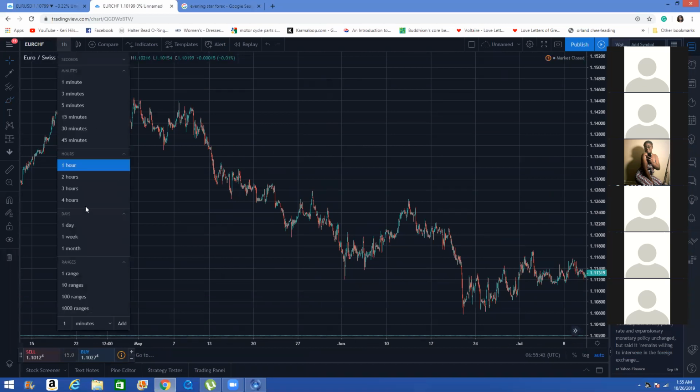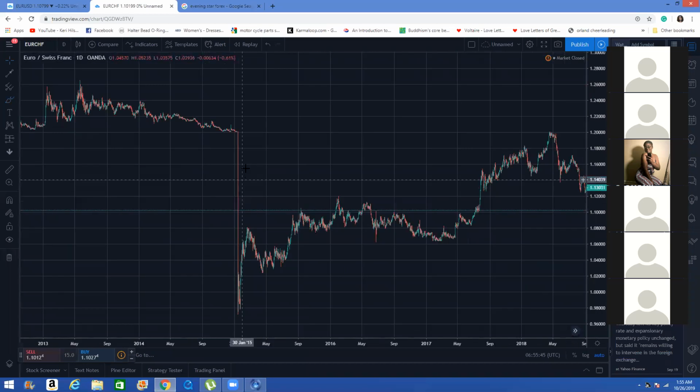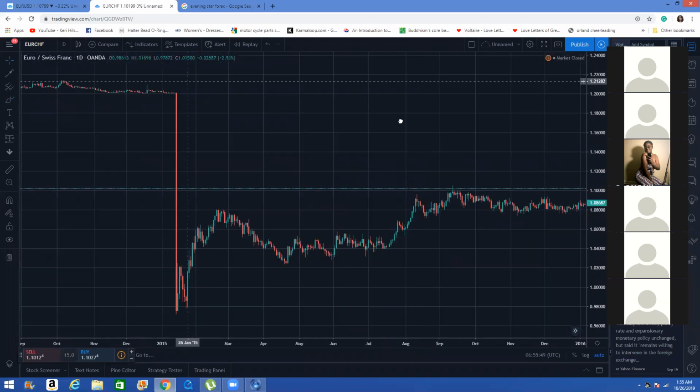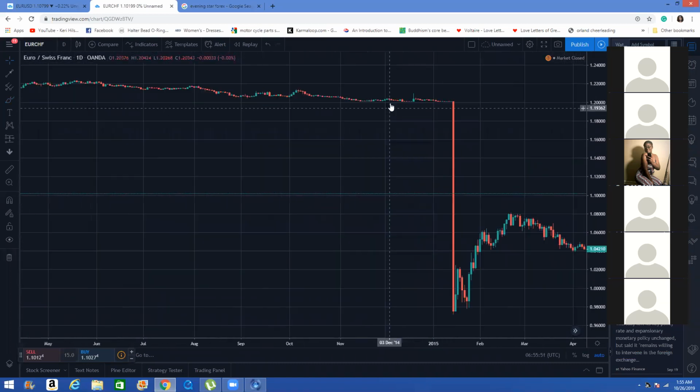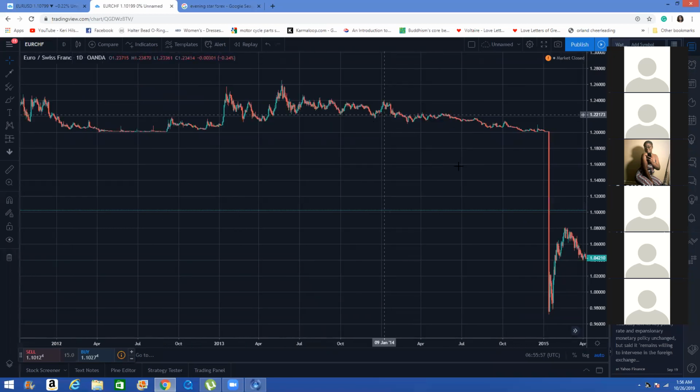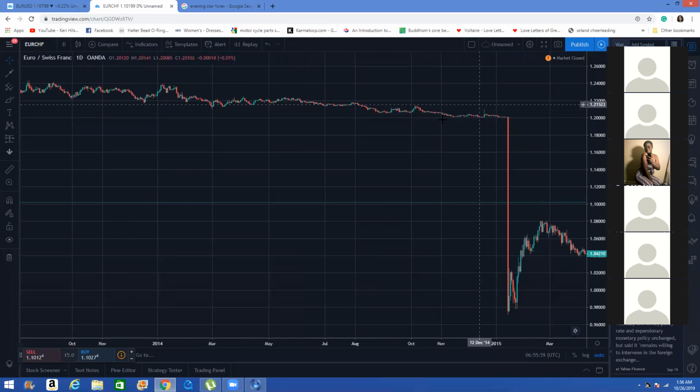Let me go to the weekly. Y'all see this? This was a peg, meaning that price wasn't going to ever go any higher or any lower.